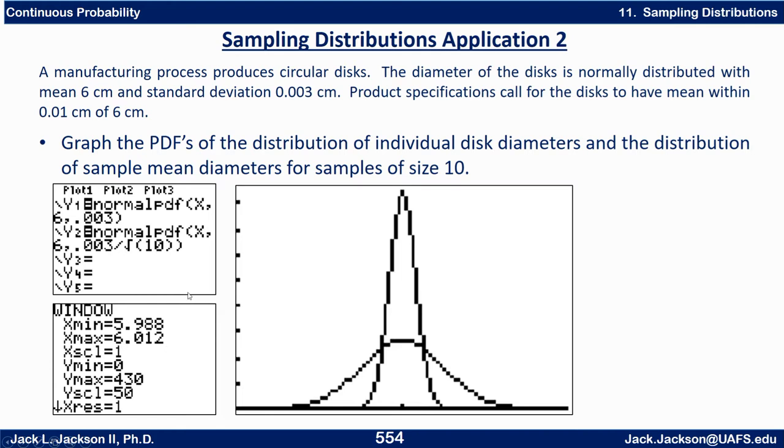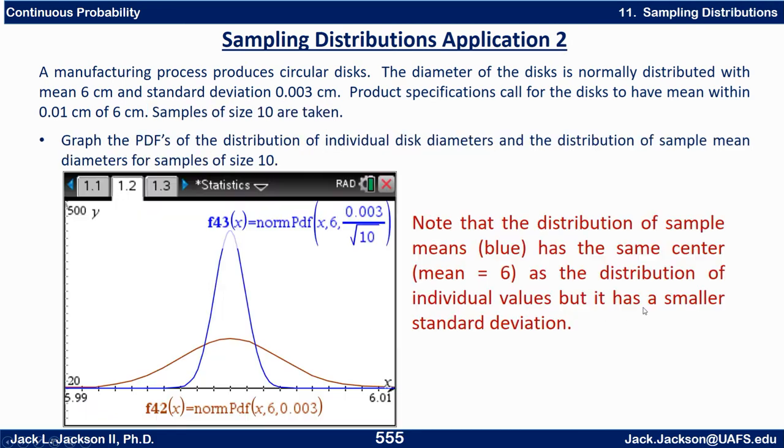It looks like I went 4 standard deviations. 4 times 0.003 is 0.012, so I went that much above and below this. So this is going out 4 standard deviations on the individuals. Of course, it's a lot more standard deviations than that, given the smaller standard deviation of the distribution here in the middle, which is the distribution of sample means.